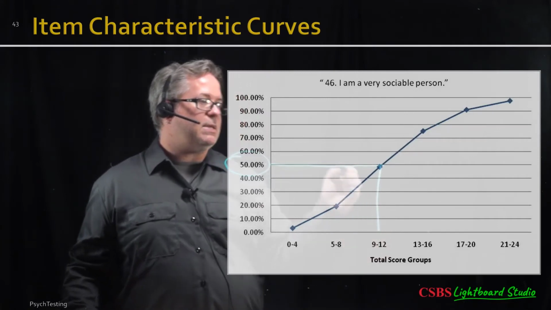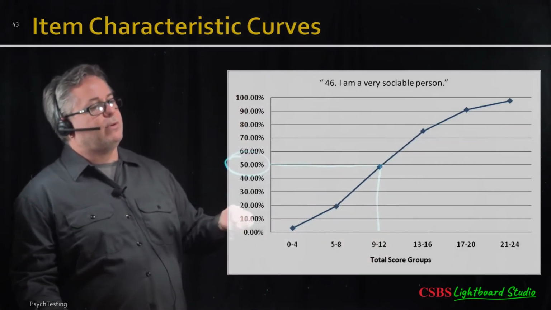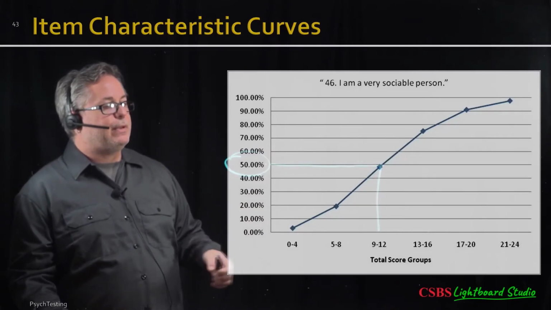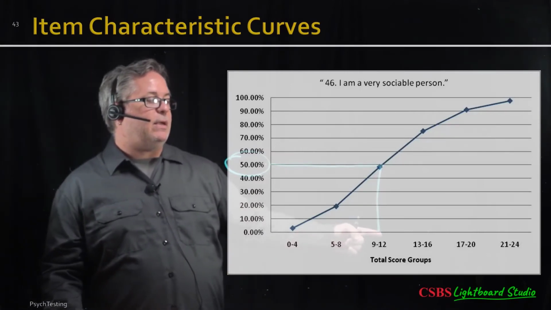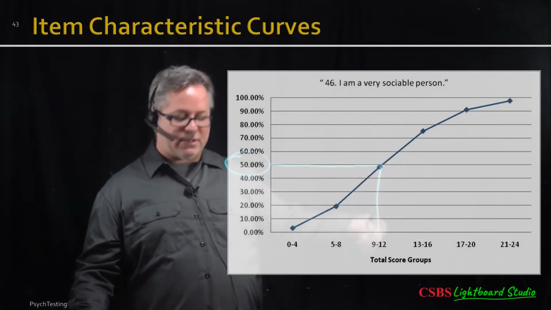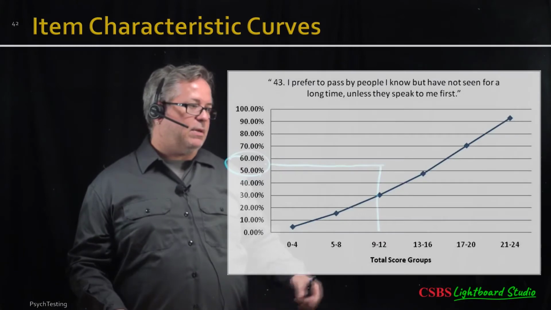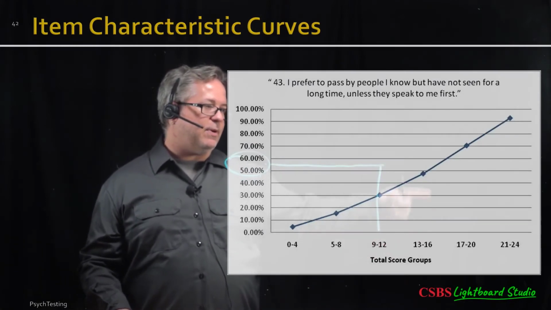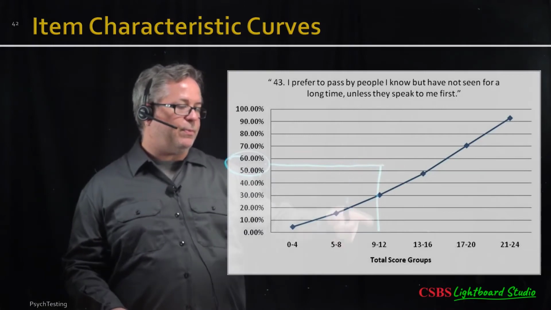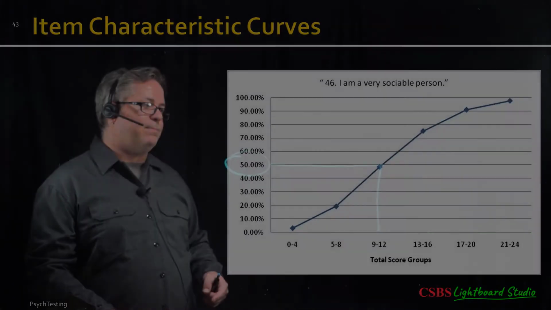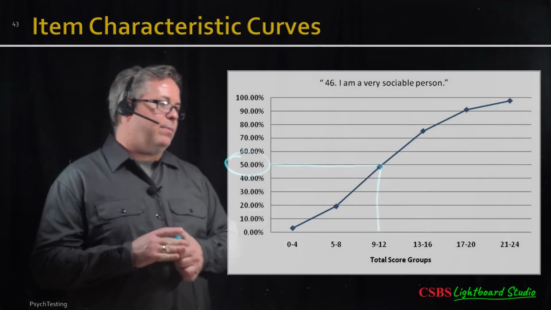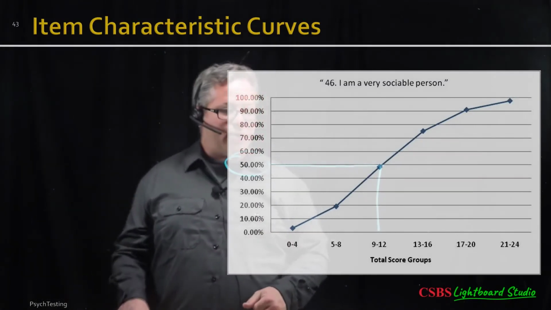So I know that this item is more discriminating because it has a steeper curve, but I also know it's slightly easier because I had to be in a higher group before I got the 50% in the last question. If you look back at that, I had to be here before I got the 50%. Now I'm getting 50% in a lower group, which means it's a slightly easier item. More discriminating than 43, but a little bit easier. The difficulty is a little bit lower.